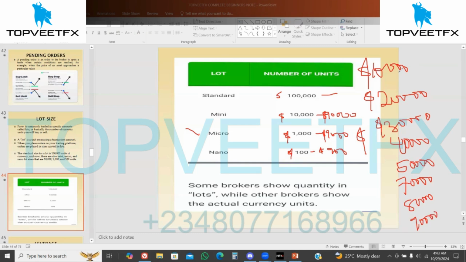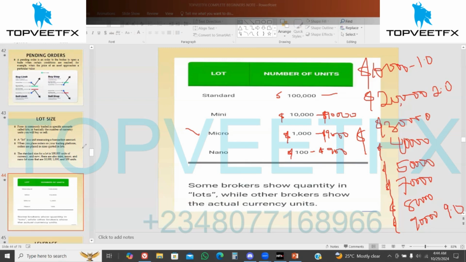Now, for $10,000 equity, you don't use more than 1.0 lot size. For 20,000, you don't use more than 2.0 lot size. So you can answer from 20,000 to 80,000. For 90,000, you don't use more than 9.0.